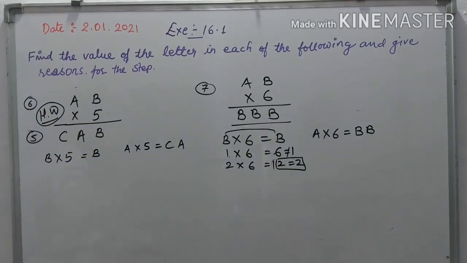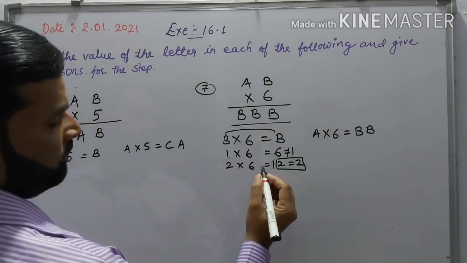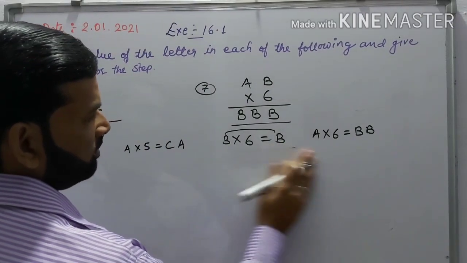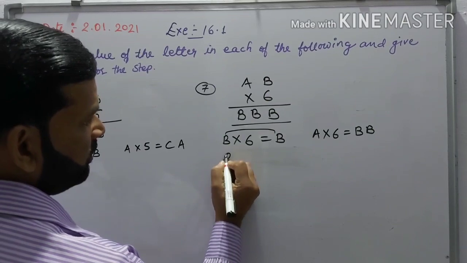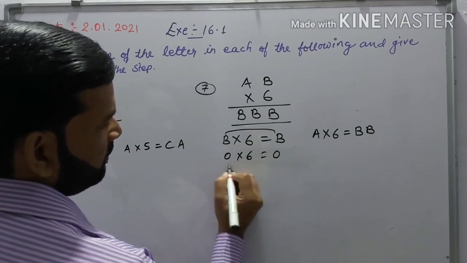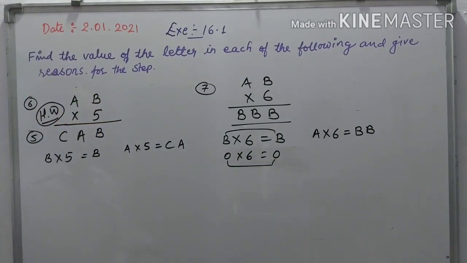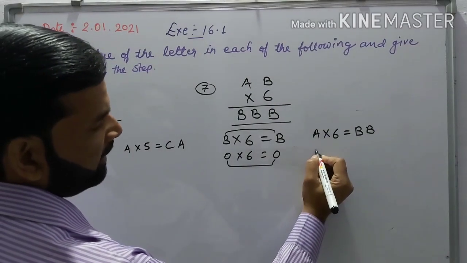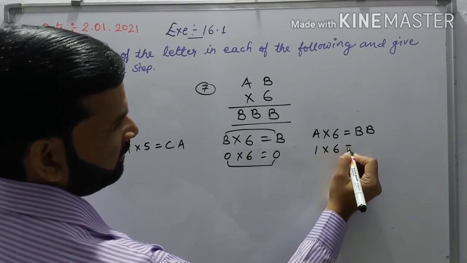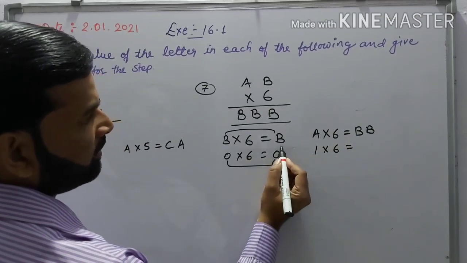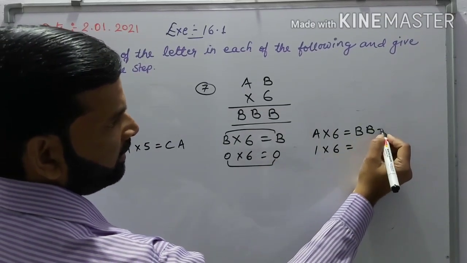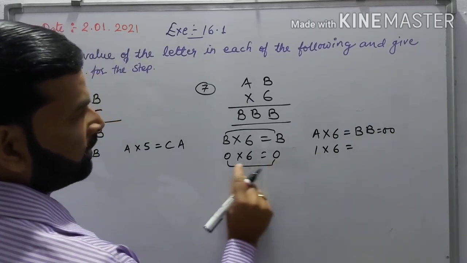Okay, next step, first step is 0, suppose by mistake 0 into 6 is equal to 0, so they will come. Okay, not missing the 0, and then A value 1 into 6 is equal to, there will come one number, 00 should come, that is the B is 00.